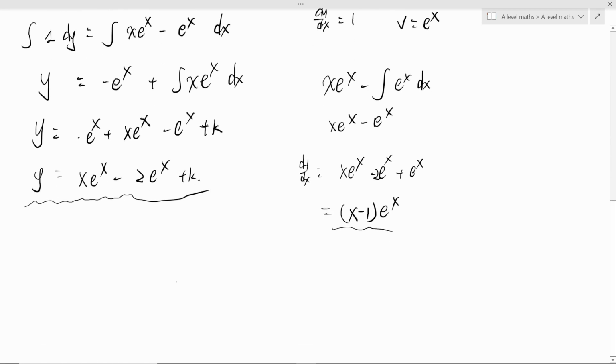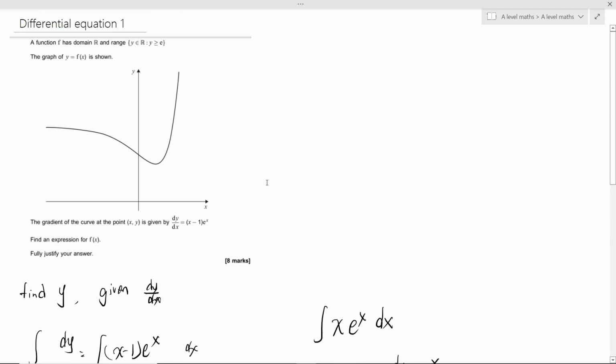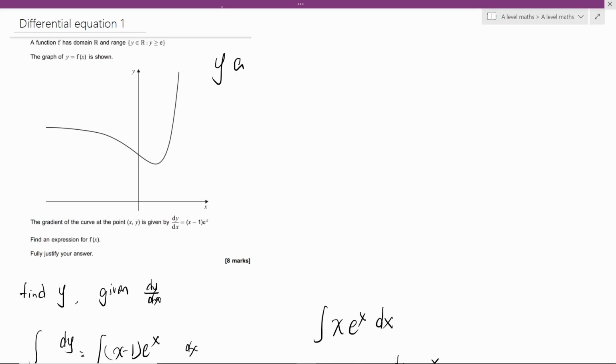We know that for a first order ODE to have an explicit and unique solution, we must have some sort of initial conditions or boundary conditions, usually called initial conditions in this case. They will say, for example, that at the point (a, b), y(a) is b. This is an initial value.